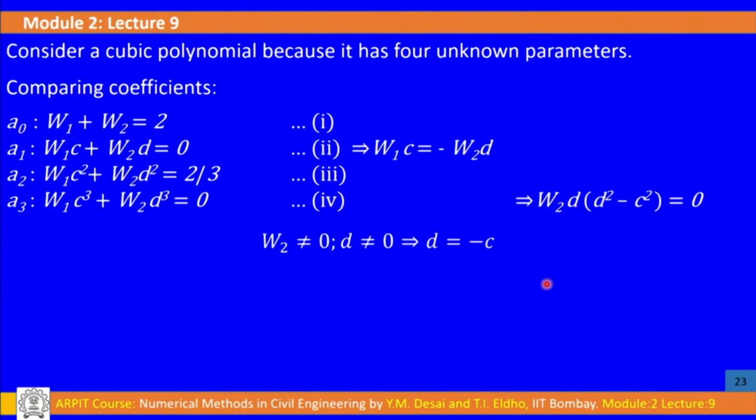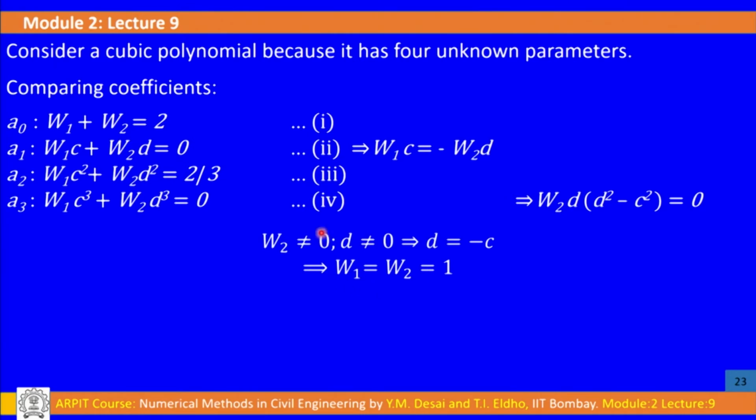Now, again if D equal to plus C, we are coming back to one point. So, this expression gives us only one unique acceptable condition, that is D equal to minus C. Now, if I put this back into our equation 2, we get W1 equal to W2, and when we substitute into equation 1, we get W1 equal to W2 equal to 1.